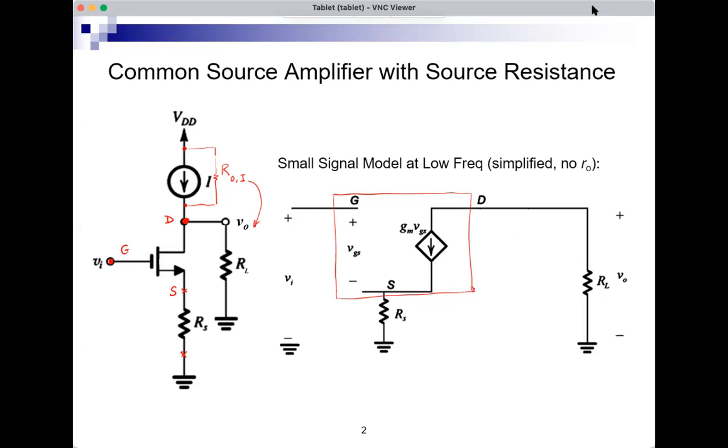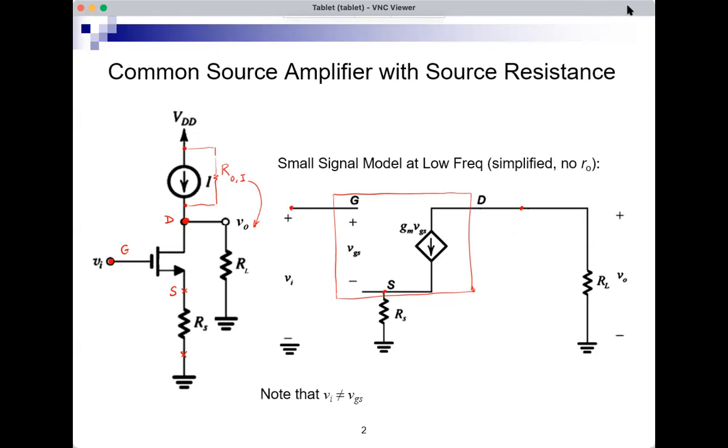So this is the simple low frequency small signal model of the MOSFET. The current source, we're assuming that it's ideal for now, and therefore it disappears in the small signal model. It becomes an open circuit. The load is from the drain to ground. The input is at the gate to ground. And now between the source and ground, I have RS, the resistor that we added.